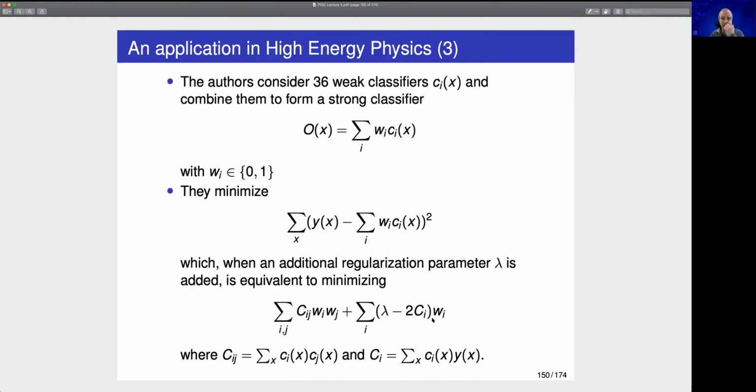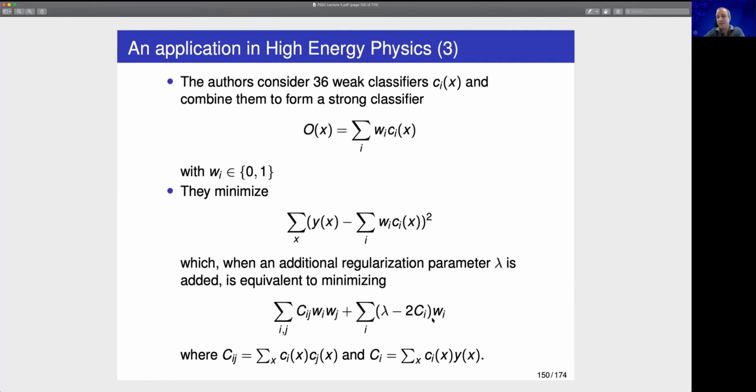Well, what they did was first to collect some information about these events. They considered 36 different variables, and with each of these variables, independently of the values of the other variables, they constructed what they call a weak classifier, a classifier that only takes into account the value of that variable and classifies the event into signal or background, depending only on some computation that they perform with that variable, okay?